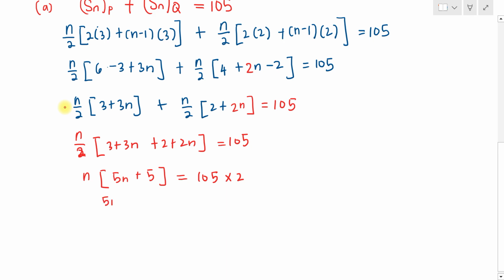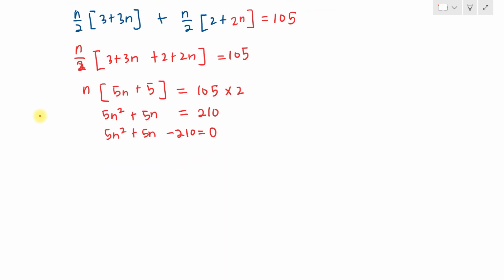So 5n squared plus 5n equals 210. 5n squared plus 5n minus 210 equals 0. Actually we can simplify the equation, everything divided by 5: n squared plus n minus 42 equals 0.